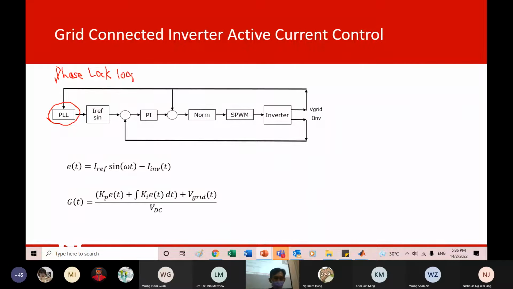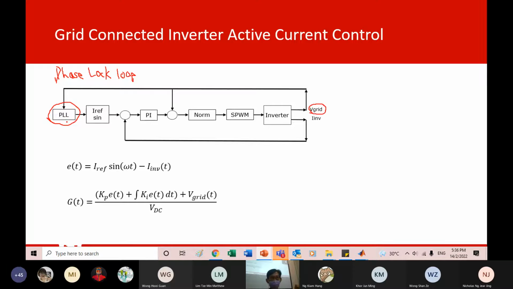The PLL makes sure that your output phase is exactly the same as the TMB phase, so you can match, so that it won't cause any trip. So how do you get the phase lock loop? You get it from the grid voltage, V grid, which feeds back to the phase lock loop.